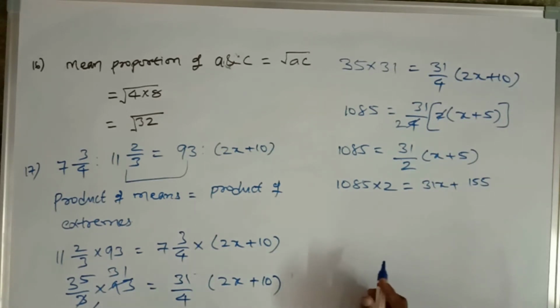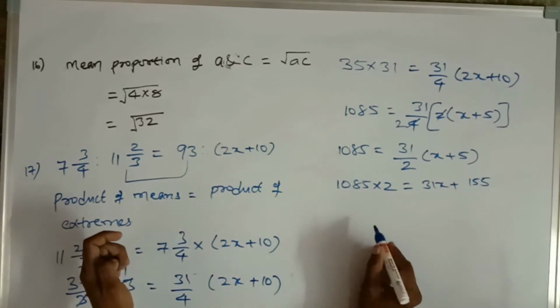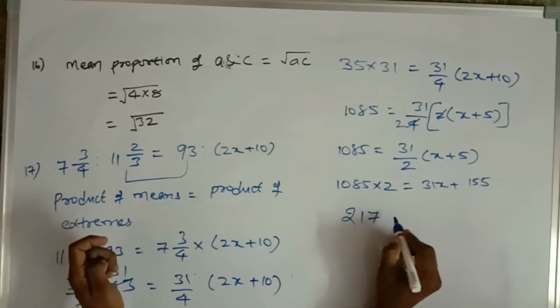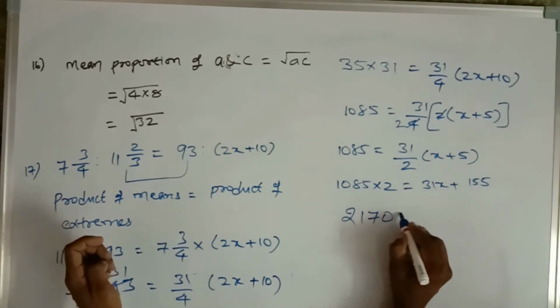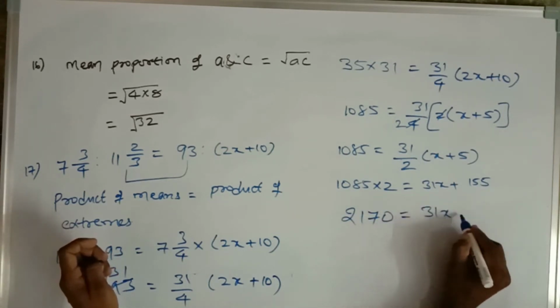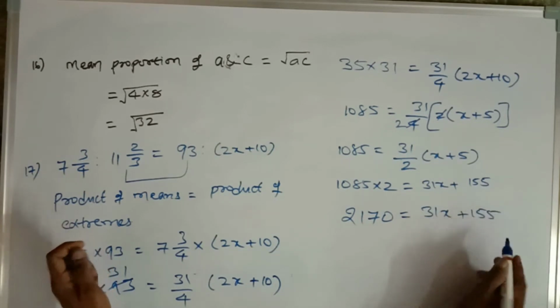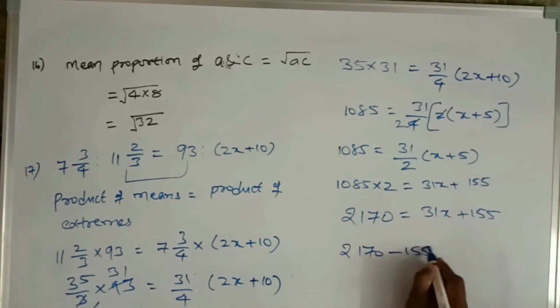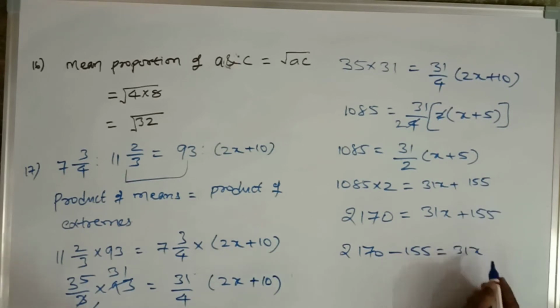So 1085 into 2 is equal to 2170. 2170 is equal to 31x plus 155. Now I'm taking 155 to the left side. Then that's equal to 2170 minus 155 is equal to 31x.